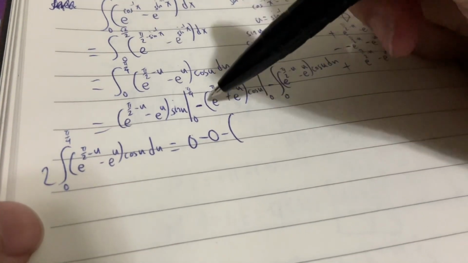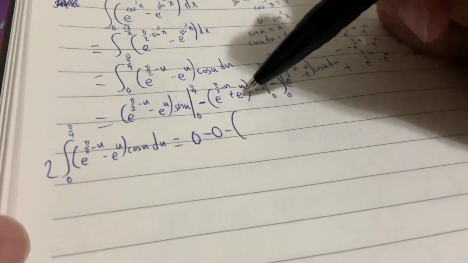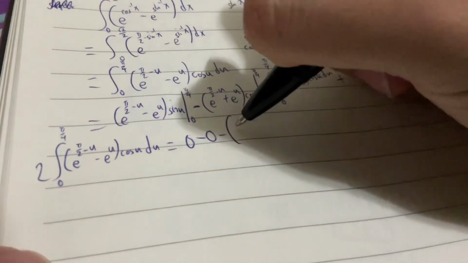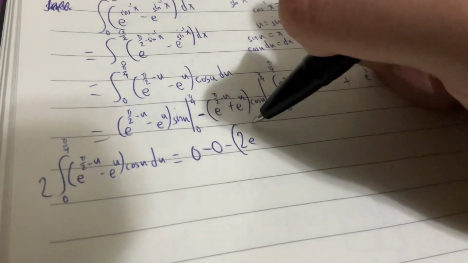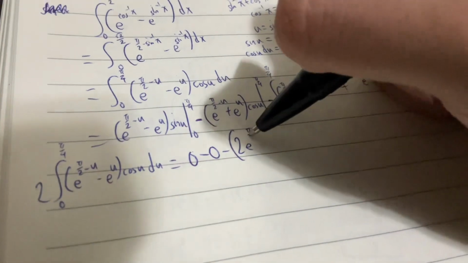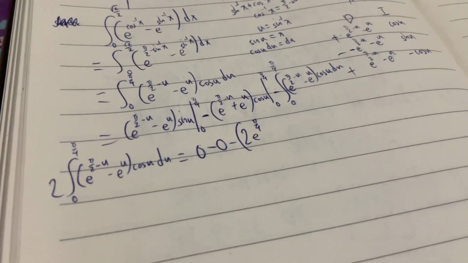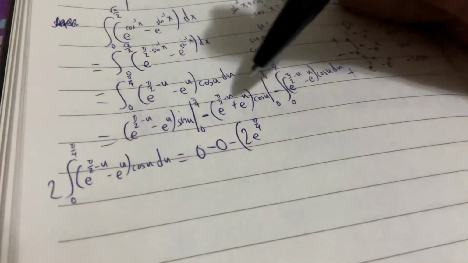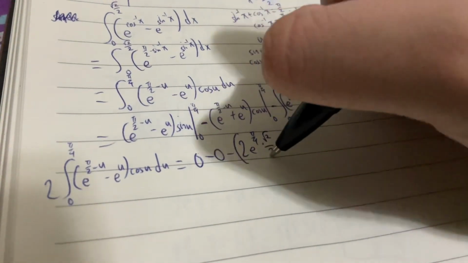Pi over 4, and then this is just e power of pi over 4. But this time, we're going to add, not subtract. So this is 2e to the power of pi over 4, and then multiply by cosine u here. Multiply by cosine pi over 4. Cosine pi over 4 is just root 2 over 2.